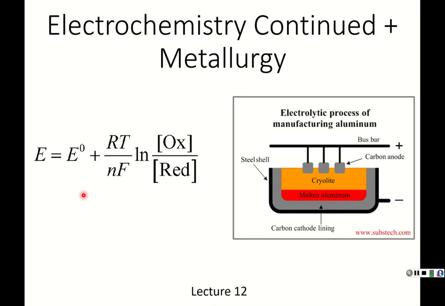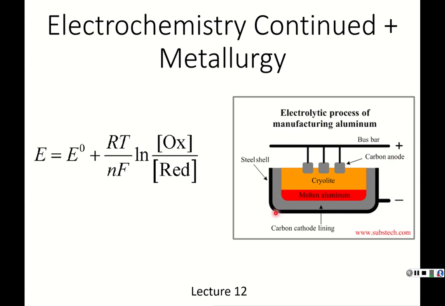So this lecture will be finishing up our discussion on electrochemistry and detailing how the reduction potential and the cell potential relate to the thermodynamic concept of delta G and the equilibrium concept of the equilibrium constant K, how all those things are related.